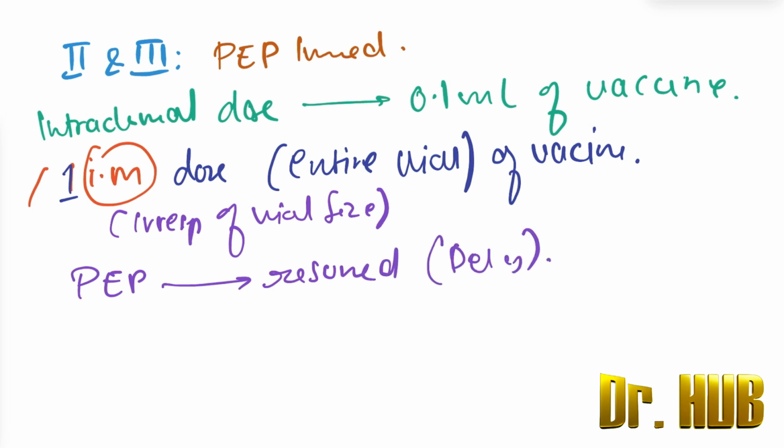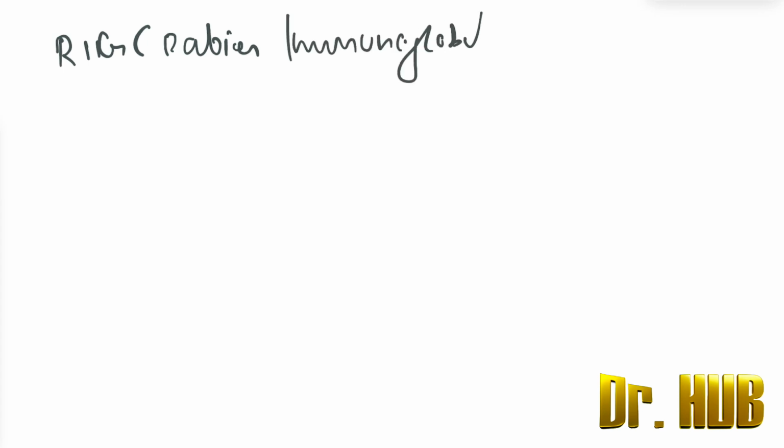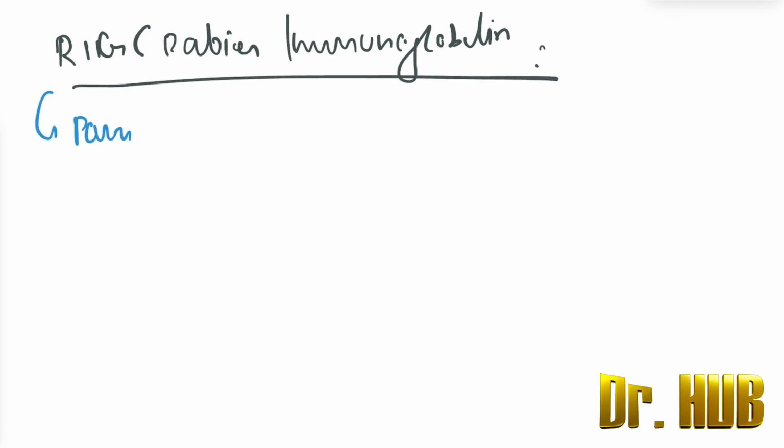So now let's look at the rabies immunoglobulin, RIG in short. Here it is basically a passive immunization, and there is a single dose.